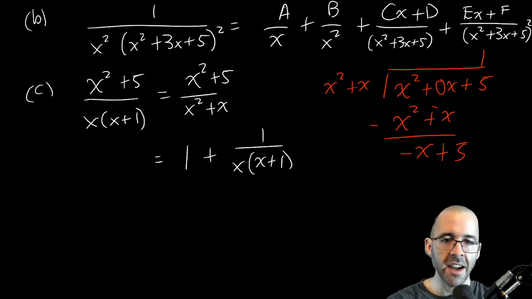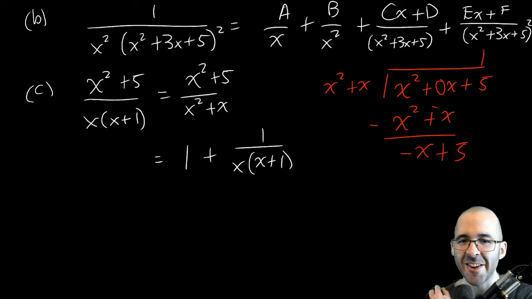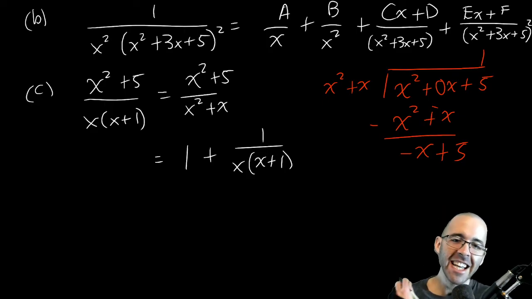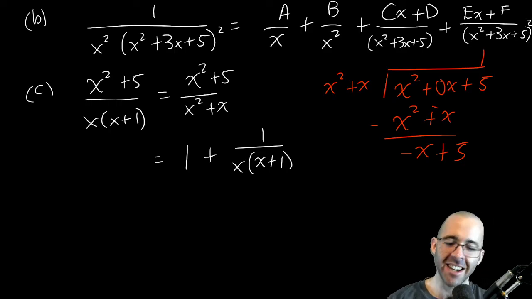I'm going to go back and write x squared plus x like this. And now, wait. What did I do? Oh, yeah, no, there's no problem. So we can't integrate this yet. Now we have to use partial fraction decomposition on this new guy.